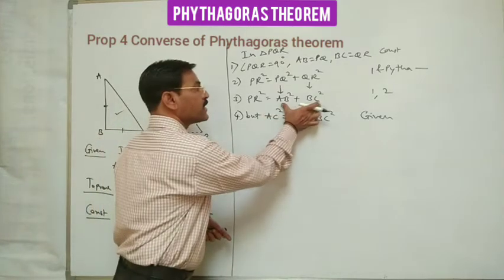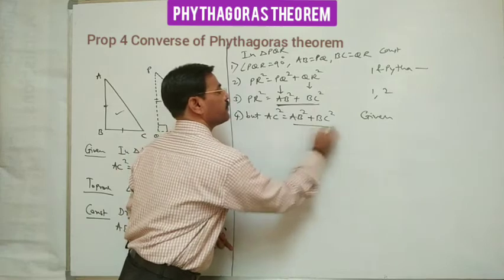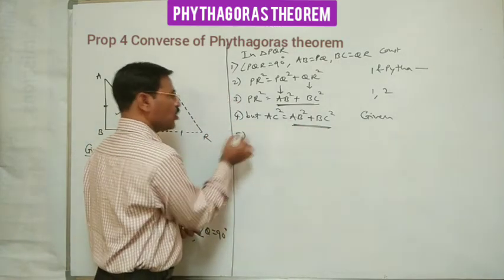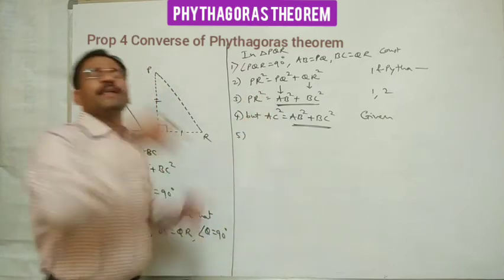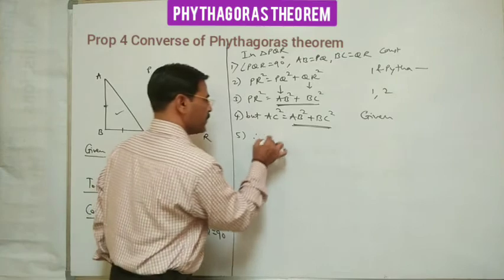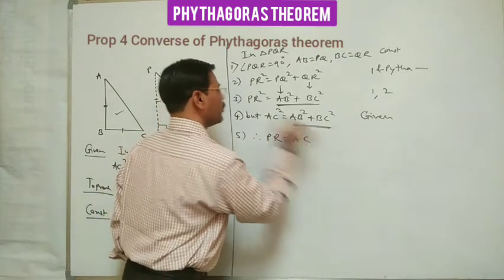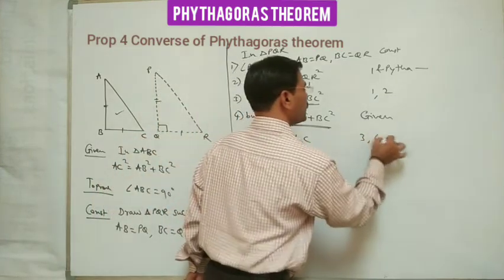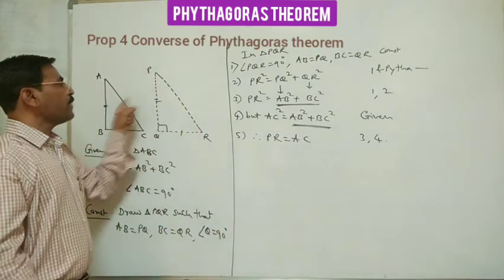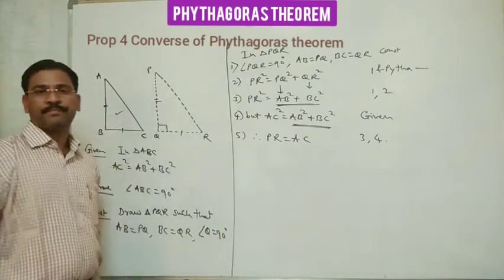So their one side is the same, which means the second side is the same. So PR square equal to AC square. I'll take just PR and AC. Both are the same, so PR equal to AC. This is from third and fourth.